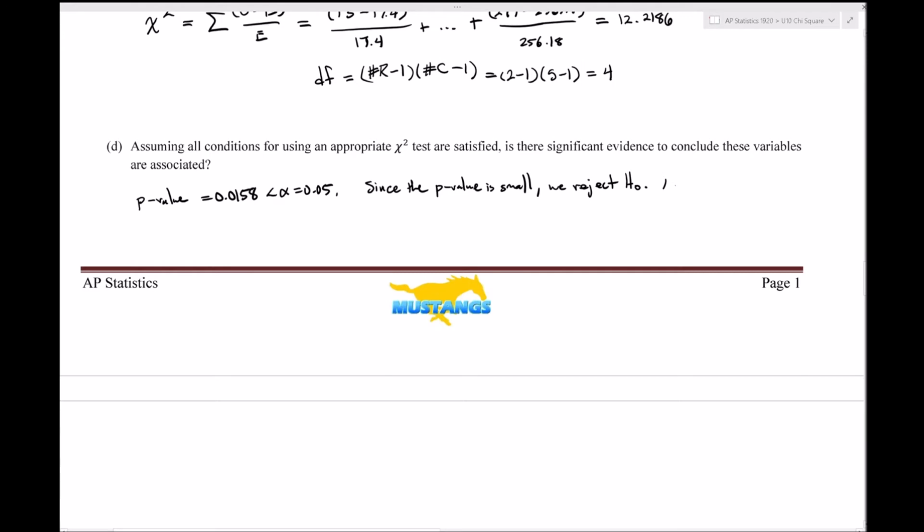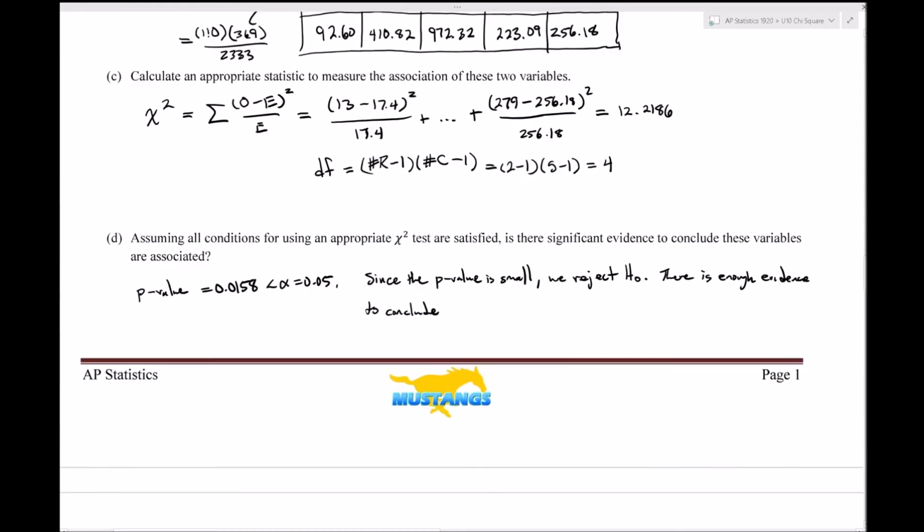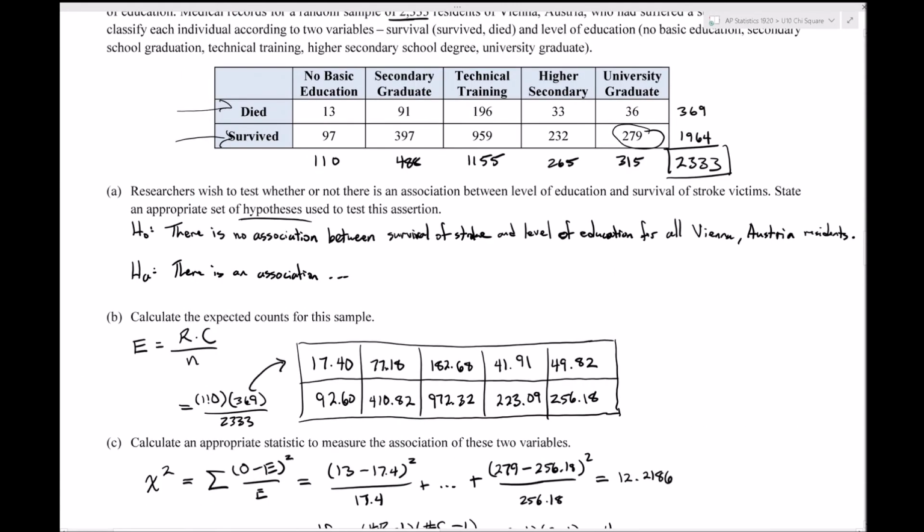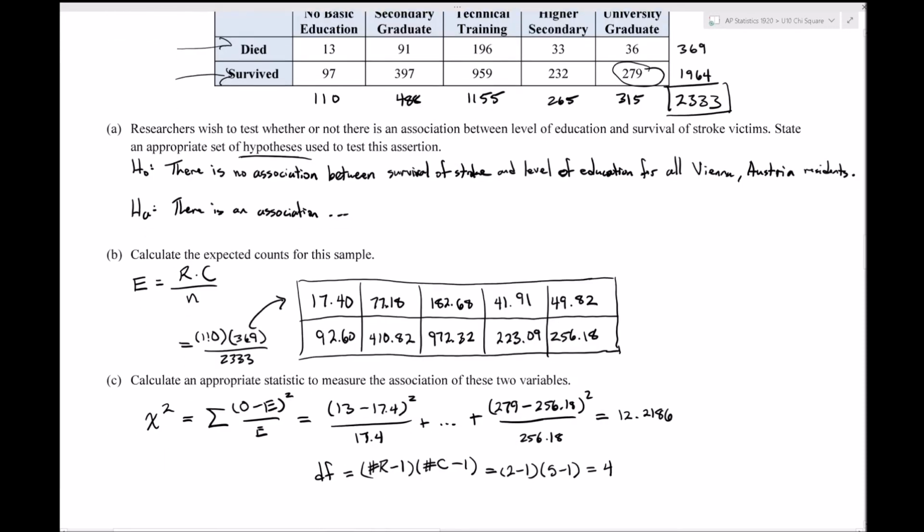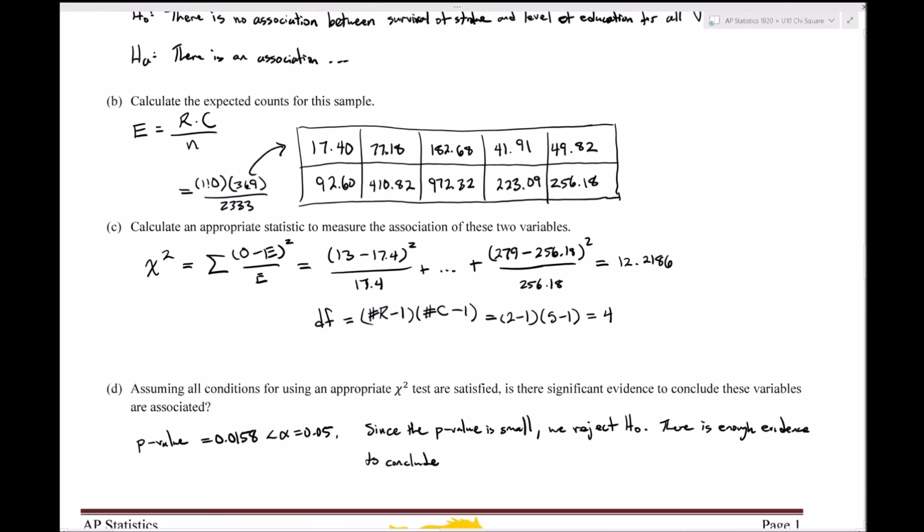There is enough evidence to conclude, and we'll go ahead and check. We rejected the null. Null was that there was no association. So we're going to conclude the alternative. There is an association. So there's enough evidence for us to go with that instead of the first.